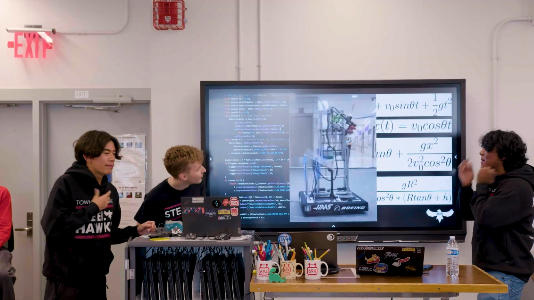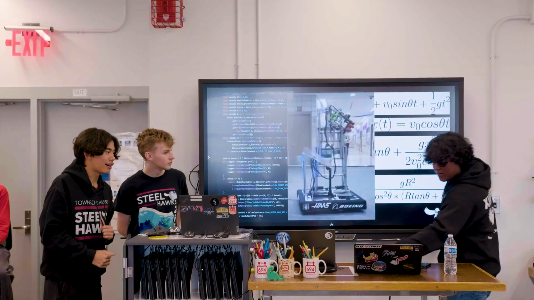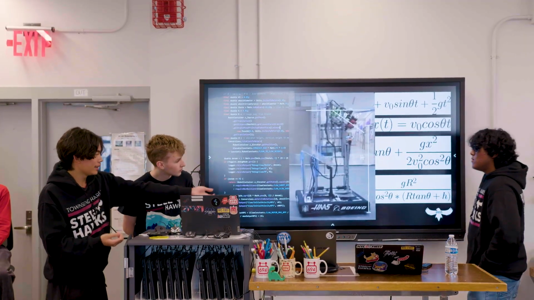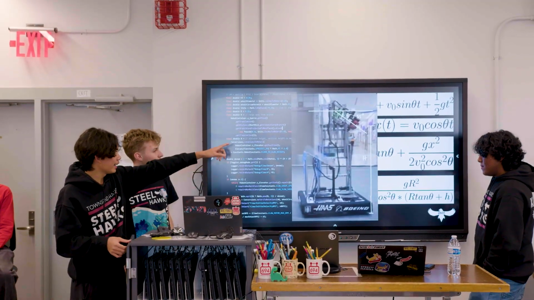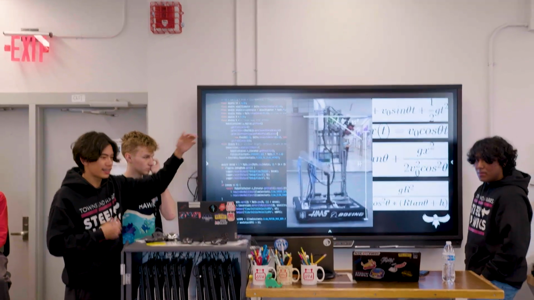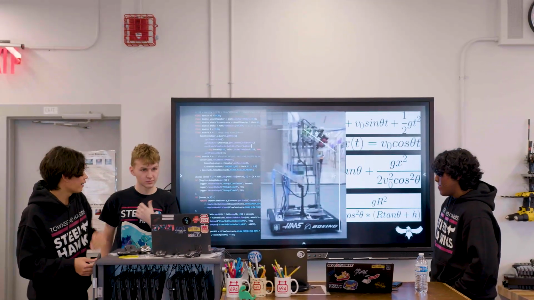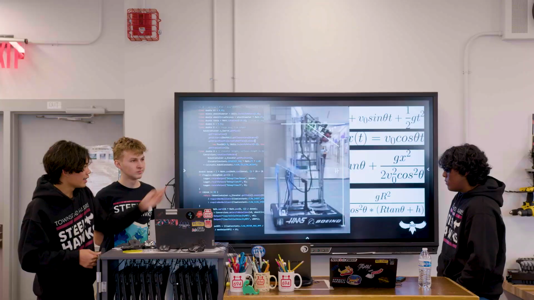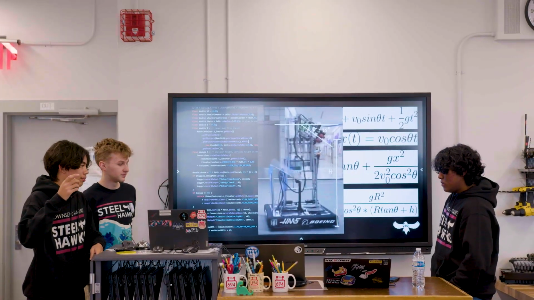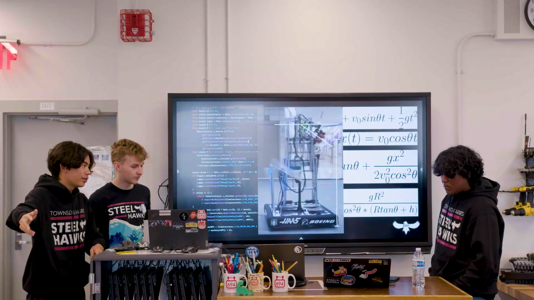Now we're going to implement this equation in our code. The first thing we need to do is define all of our constants. Theta is negative 35 degrees because our claw is angled 35 degrees below the horizon. R in this equation is just the distance from our claw to the branch.